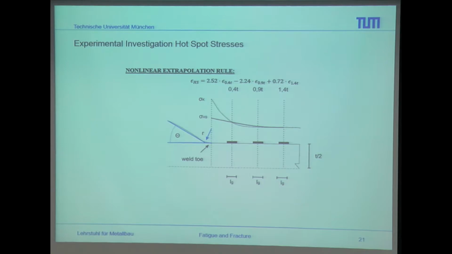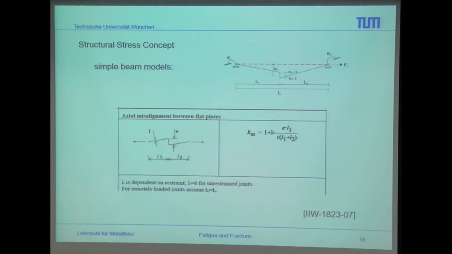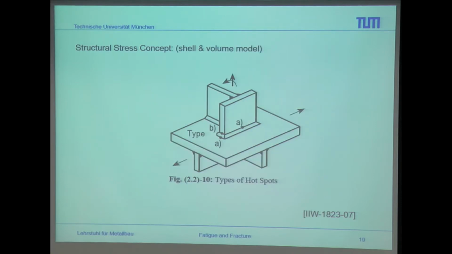But the basic rules have always been developed for hollow sections, and therefore, I would say, the information about some imperfections or misalignment next to the weld is not as important, because you have more influence due to the sections, how they integrate, how the notches are defined, and so further.